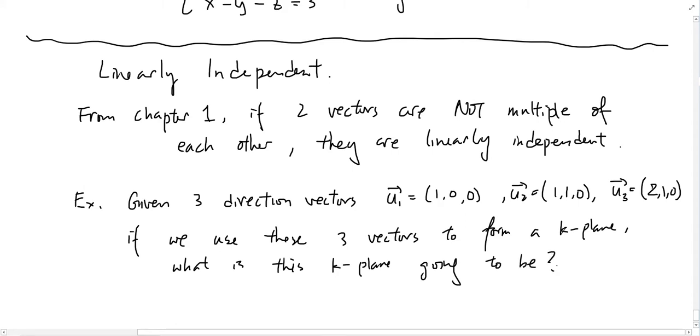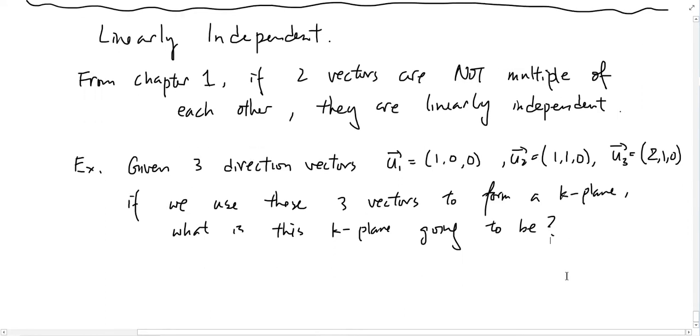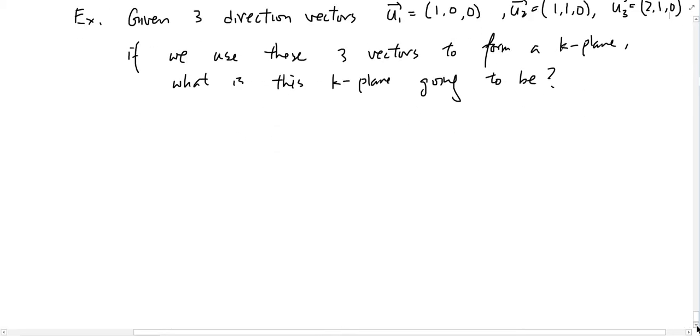You're probably thinking, wait, we have three direction vectors, so wouldn't that mean that we're forming a 3-plane? And it might seem like it's correct, but it's actually not. Why? Imagine the following.